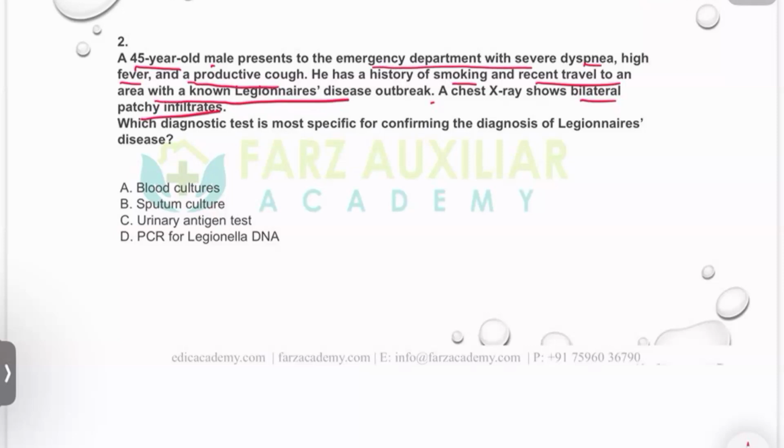Which of the following tests can you do to confirm the diagnosis of Legionnaires' disease? Urinary antigen, I think. So this is a Legionella pneumophila pneumonia, and its confirmatory test is the urinary antigen test. That is okay.